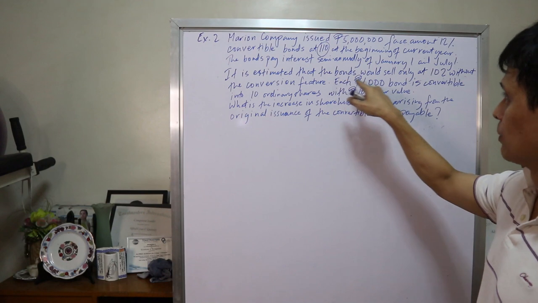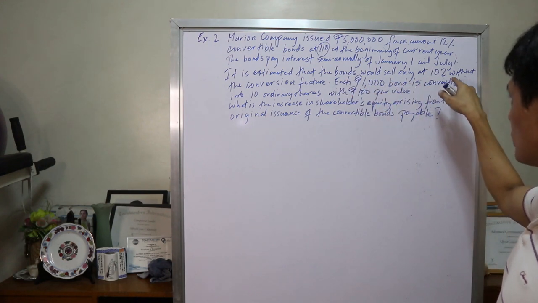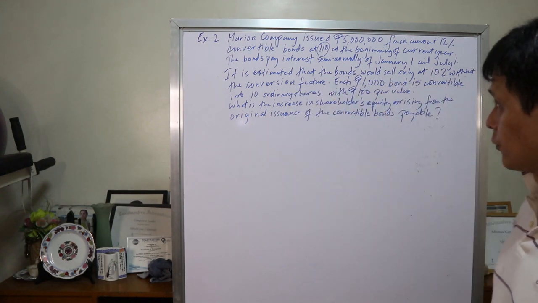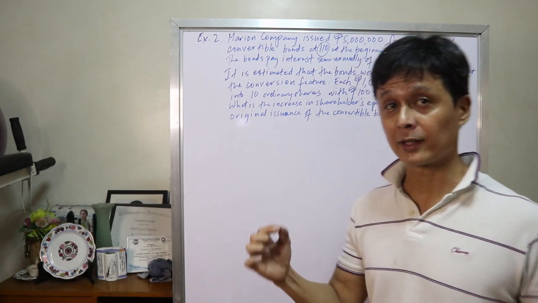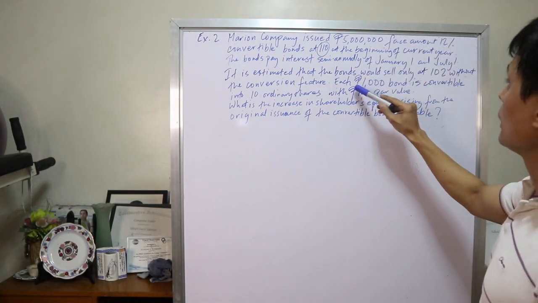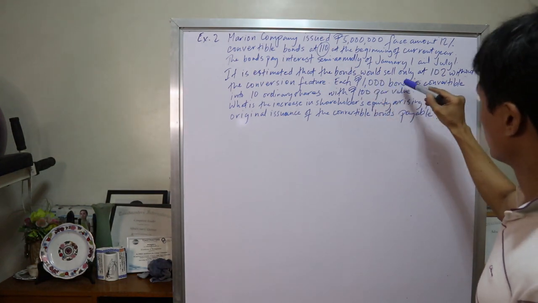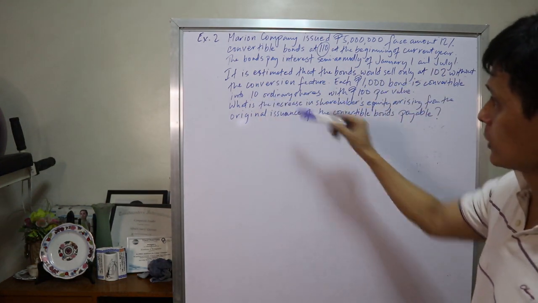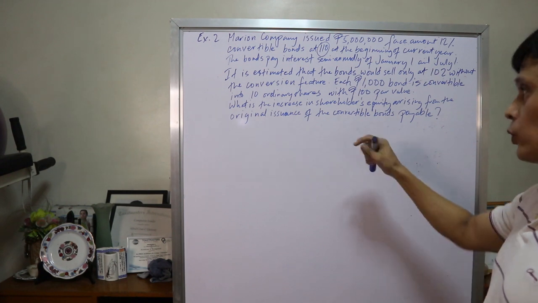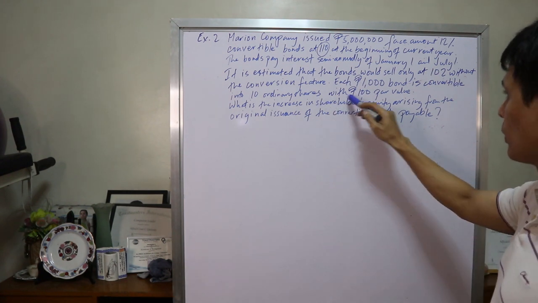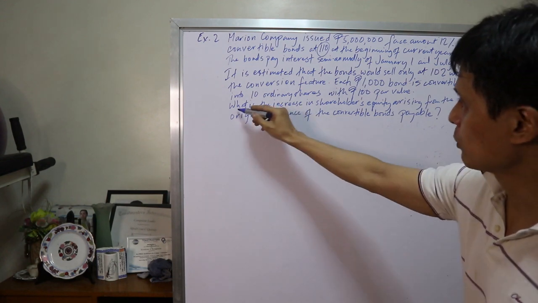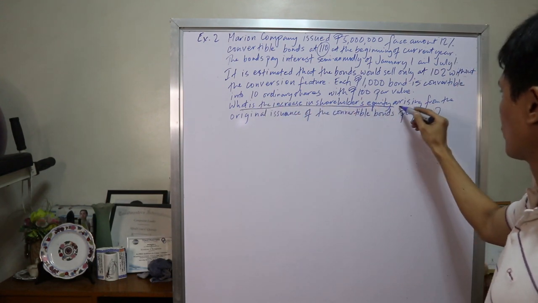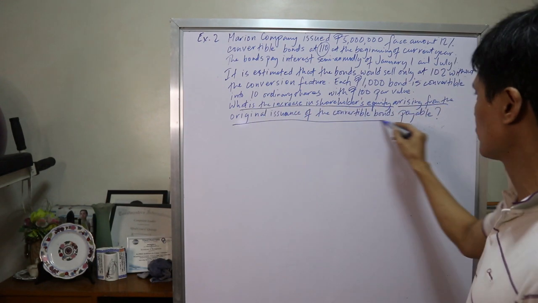It is estimated that the bonds would sell only at 102 without the conversion feature. So kung yung bonds lang, yung market value niya is 102. Each 1,000 peso bond is convertible into 10 ordinary shares with 100 par value.